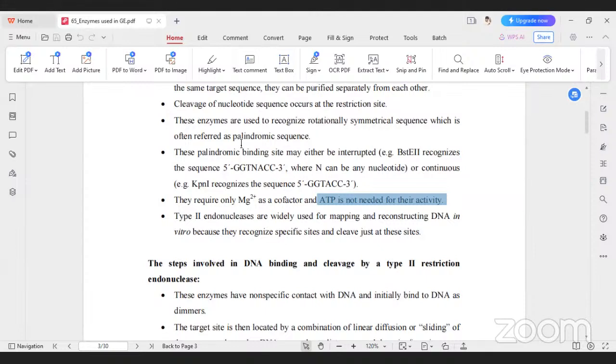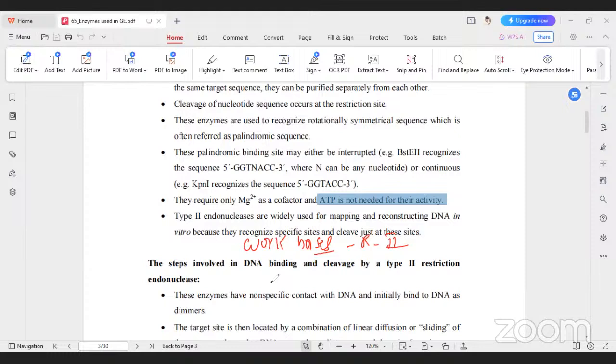That's why they are called workhorses. Remember, restriction endonuclease is called a workhorse.